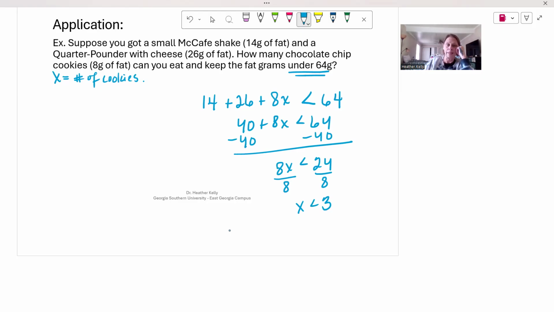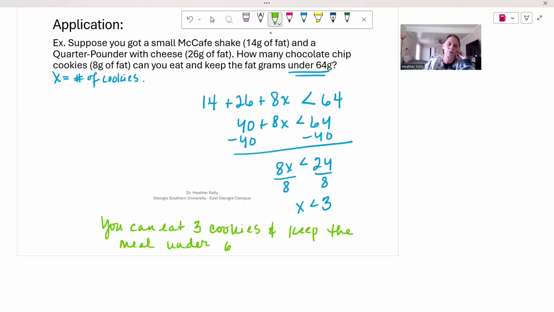So you can eat 3 cookies and keep the meal under 64 grams of fat.